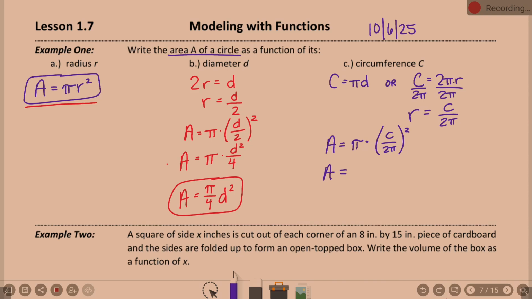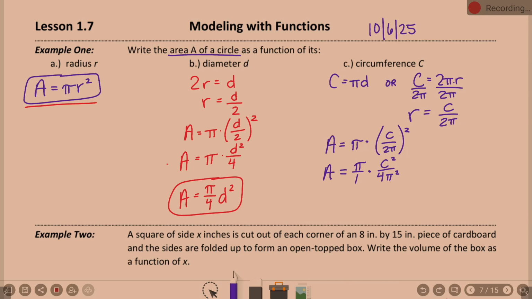What's pi as a fraction? Pi over 1. What's C over 2 pi quantity squared? C squared over 2 pi squared, or 4 pi. Wait, no, 4 pi squared. Yeah, I like 4 pi squared.